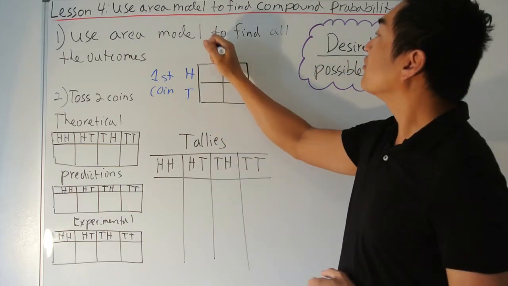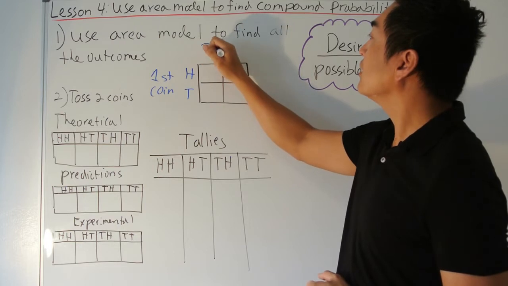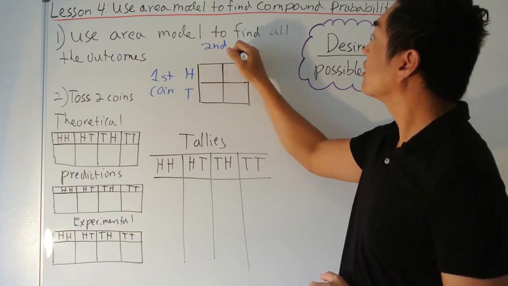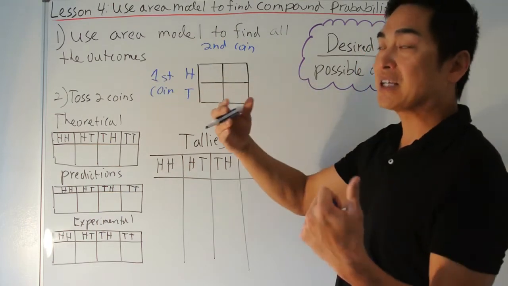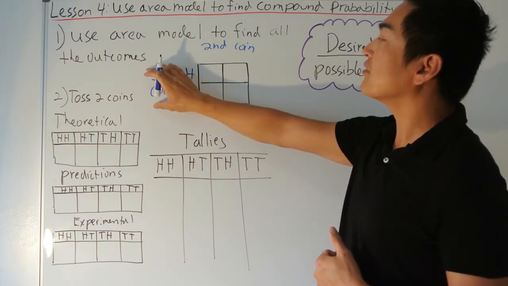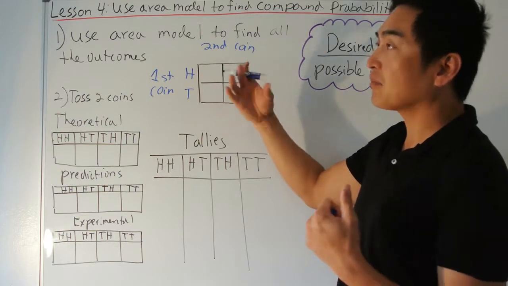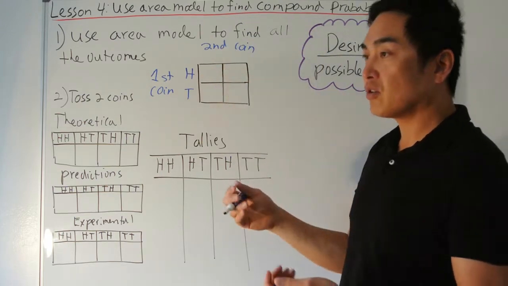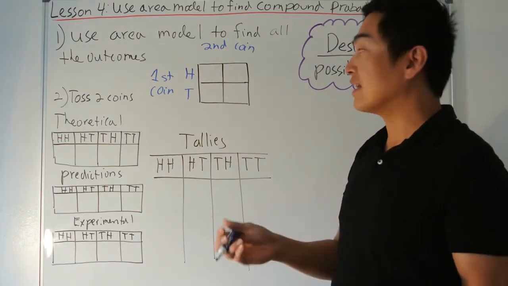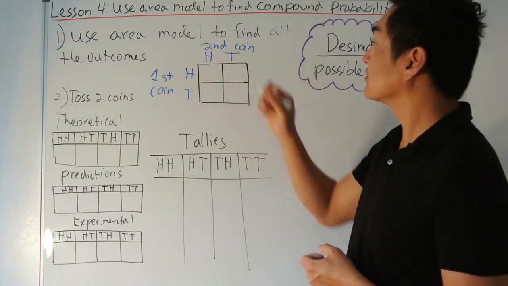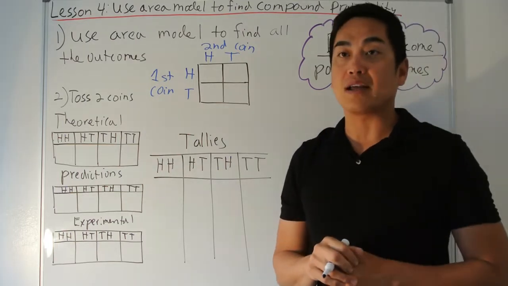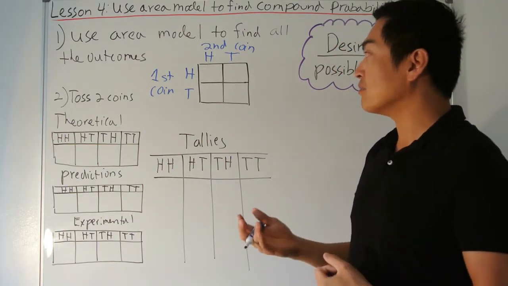And then for my second coin, your first coin, or whatever the first is, will always come on this side of the area model, and then whatever the second one is will be on the top. Again, my second coin is also going to be heads or tails. Any questions on that? So this is how you do the area model.